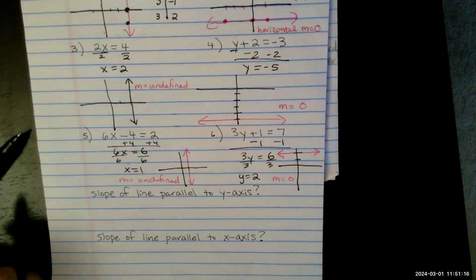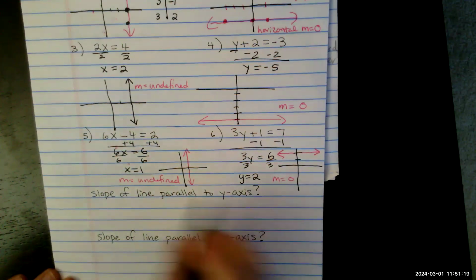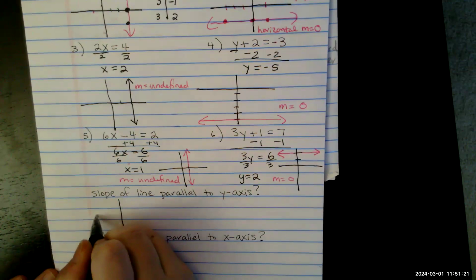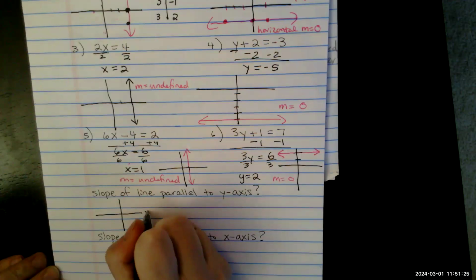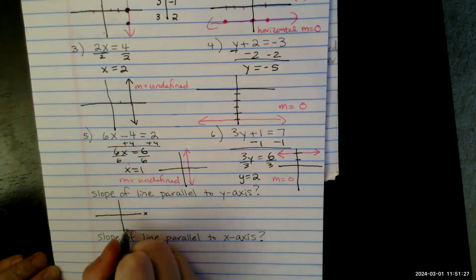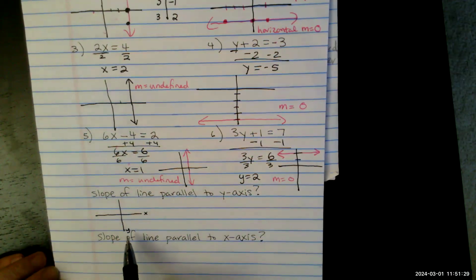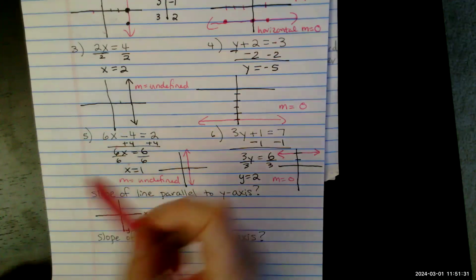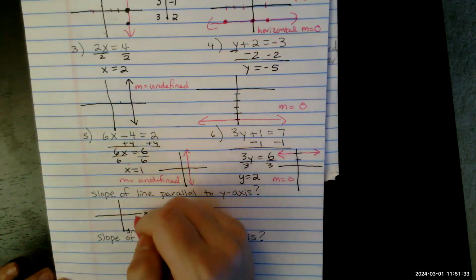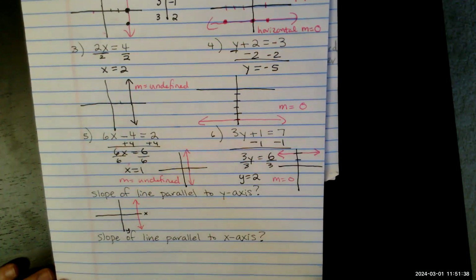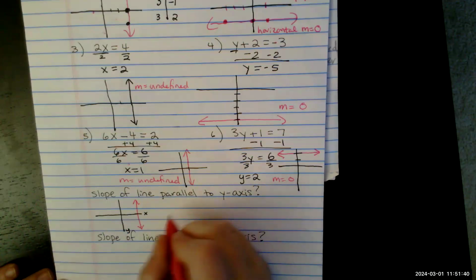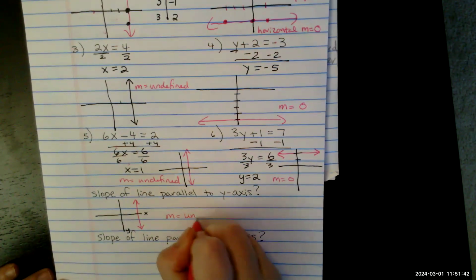So now it's asking, what would be the slope of any line that is parallel to the y-axis? Well, don't rush. Make sure you understand that this is the x-axis. This is the y-axis. So for it to be parallel to the y-axis, it actually has to be this one, which is the vertical line, which means the slope is undefined.